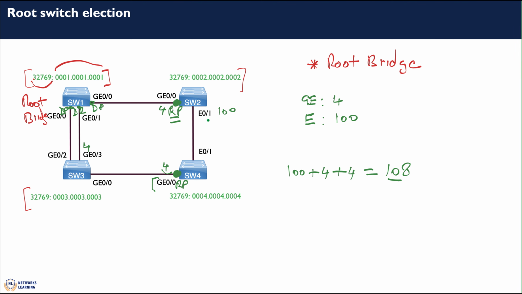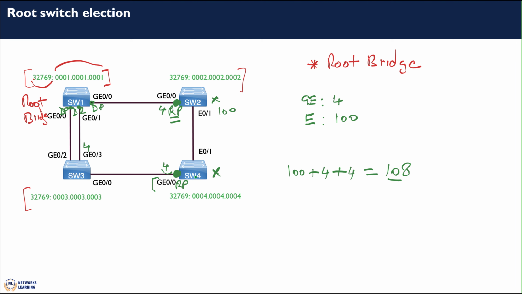Now let's take a look at what happened between switch 2 and switch 4. Here spanning tree has to decide where to select the designated port. So there has to be an election between switch 2 and switch 4.